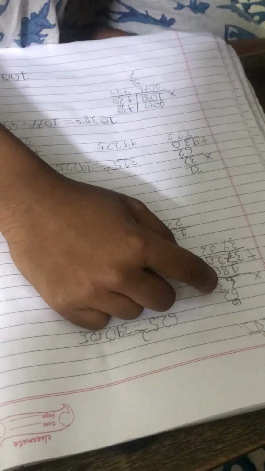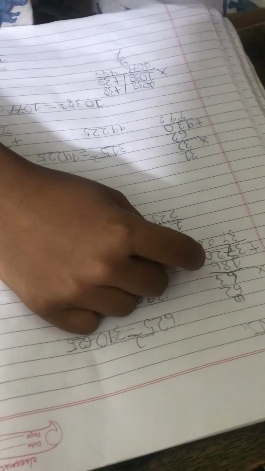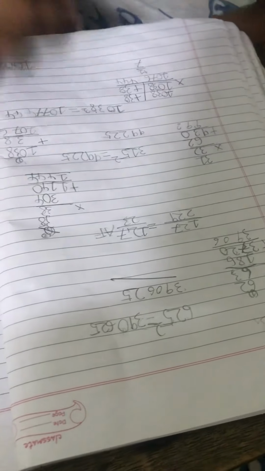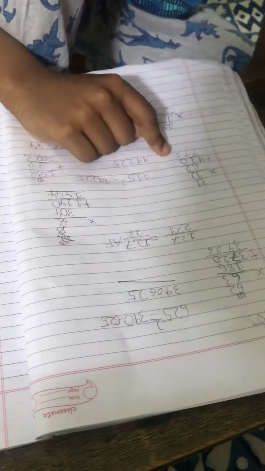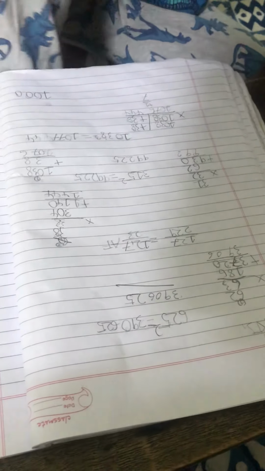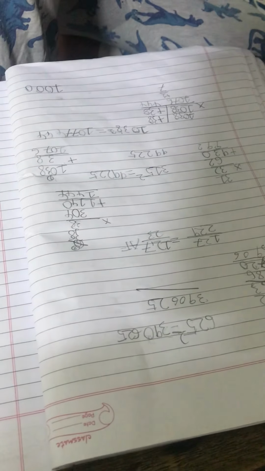So 62 times 63, going through the calculations, you will get 3906. Then we write 3906 in front of our 25 and our answer is 390,625.